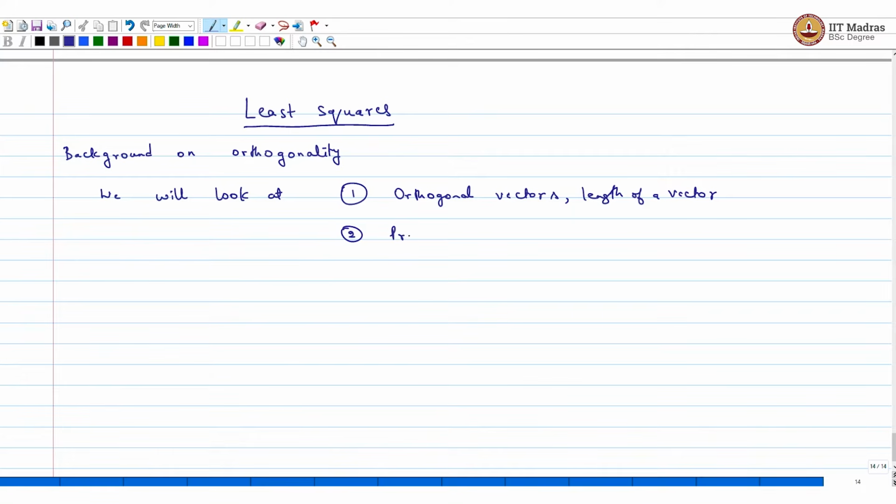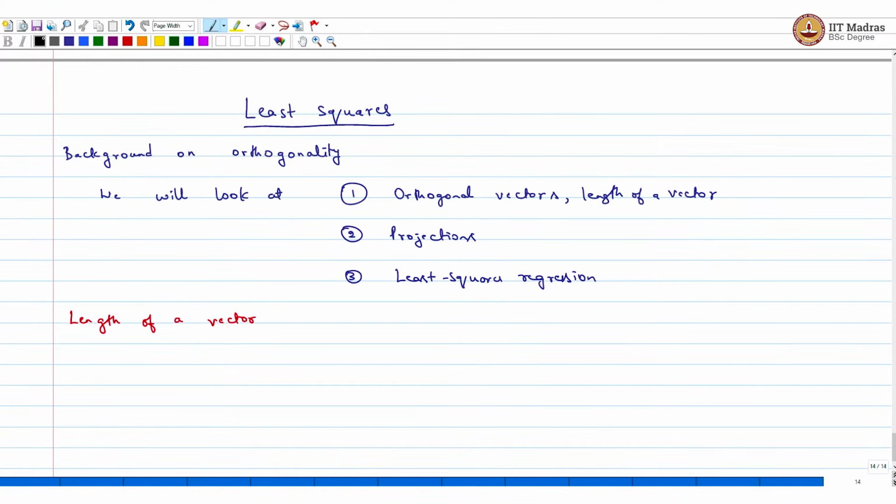Two, we will look at projections, and then this leads to the least squares problem. This is what we'll get to, so this is the order we'll look at. We'll start with orthogonality, what it means to be the length of a vector. This is something you must have looked at before, so doing a quick recap.